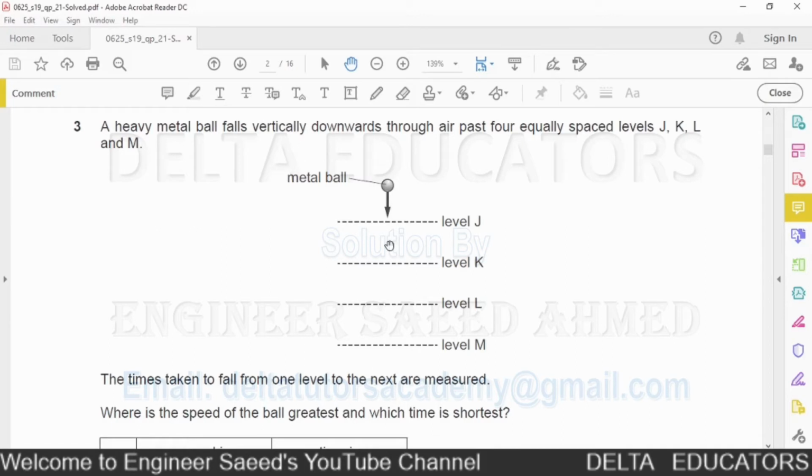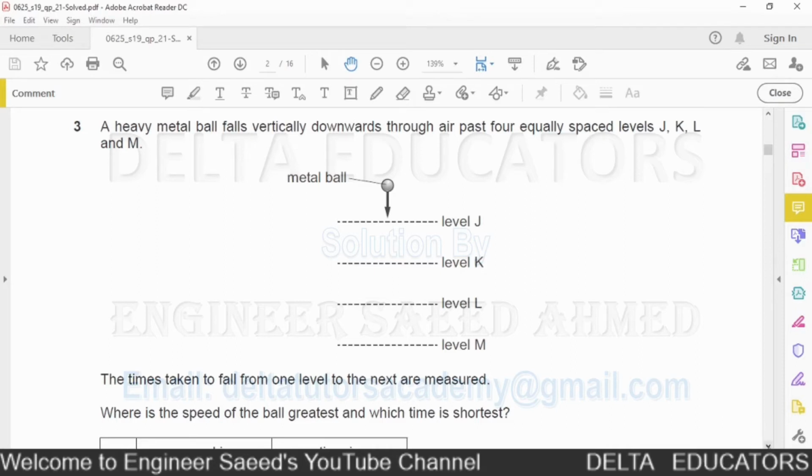Here the distance in between the level J and K is same as the distance in between K and L, and this distance is same as the distance in between L and M. Since here all the distances are same and speed is increasing when it is moving downward, speed is maximum in between L and M. So definitely the shortest time, the smallest time will be when the object is in between the level L and M. So speed of the ball is greatest when the ball is in between level L and M, and the shortest time in the ball will also be when it is in between L and M.